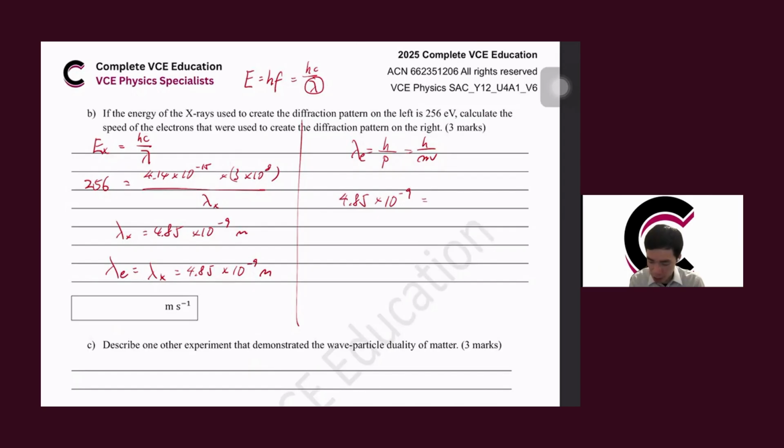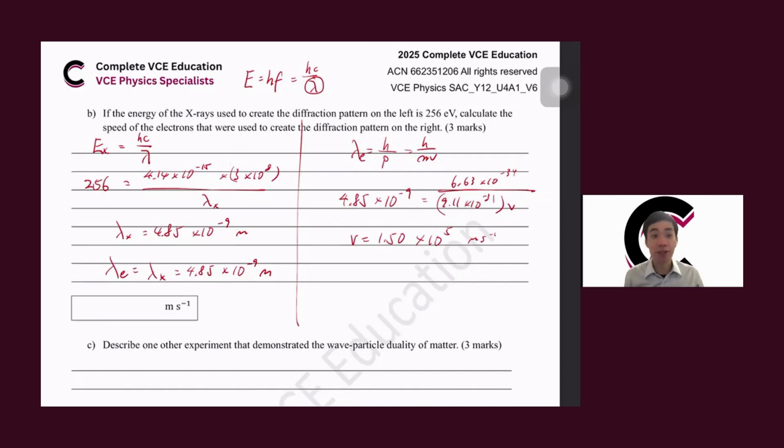H is 6.63 times 10 to the negative 34, divided by electron mass times v. So v should get something, again, 10 to the power 5 is a very common order of magnitude. It may not always be the case, but it's a good way to check your answers to make sure that makes sense.